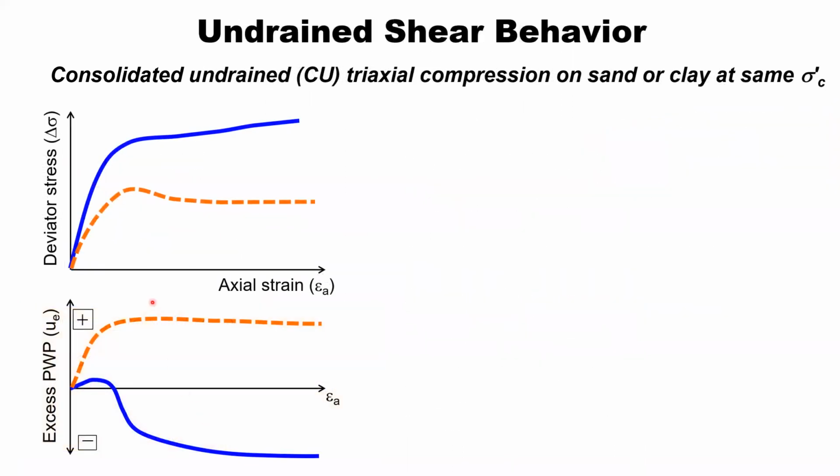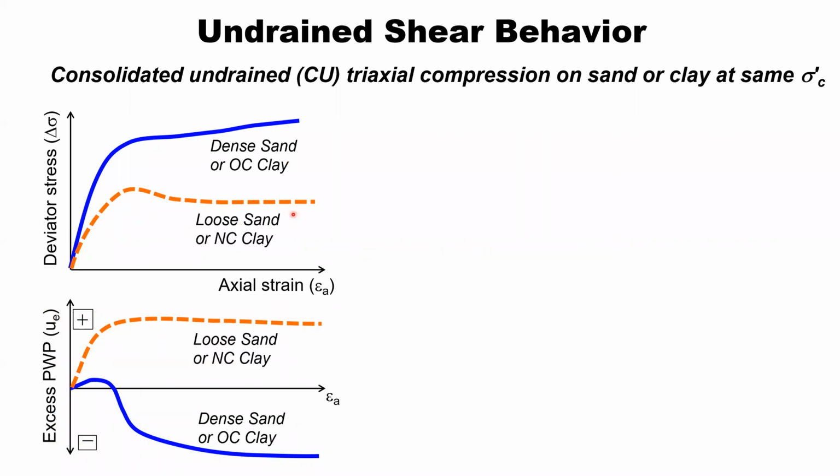How about undrained behavior? I'm not going to go through quite as much detail, but what I do want to highlight is the volumetric tendencies. That is, the soil wanting to contract or wanting to dilate is going to be the same when we start with a loose sand versus a dense sand. So here in orange again, I have the loose sand. In blue, I have the dense sand behavior.